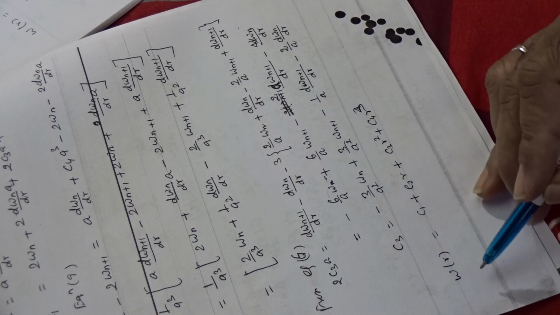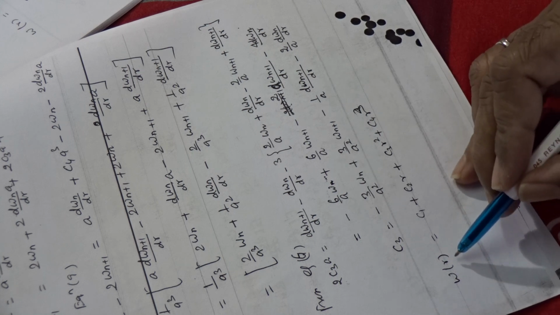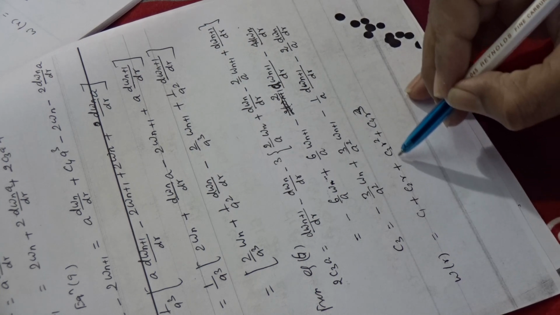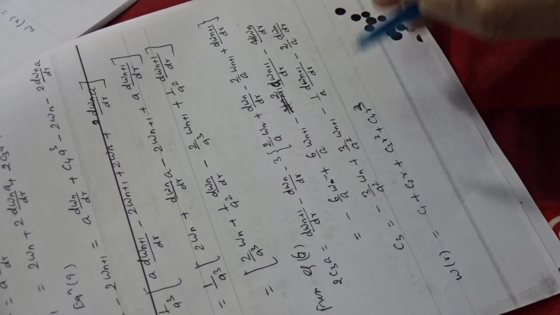We already wrote wr is equal to c1 plus c2r plus c3r square plus c4r cube, and substitute all the values of c1, c2, c3 and c4.